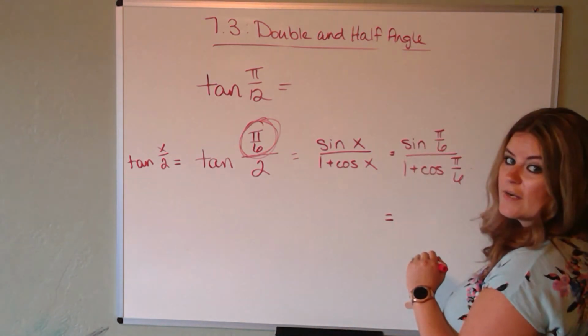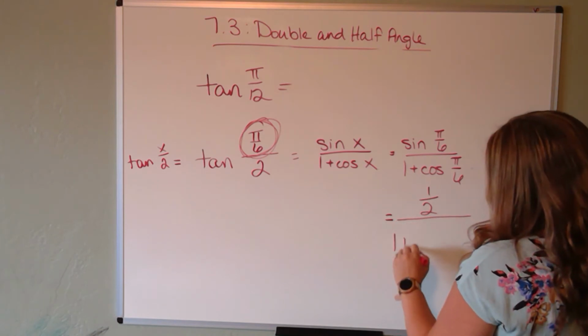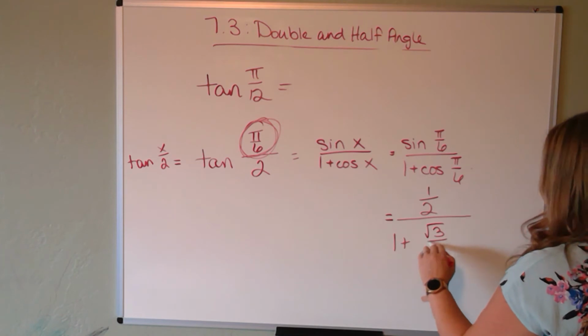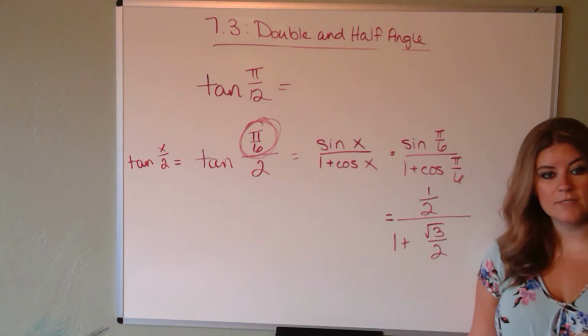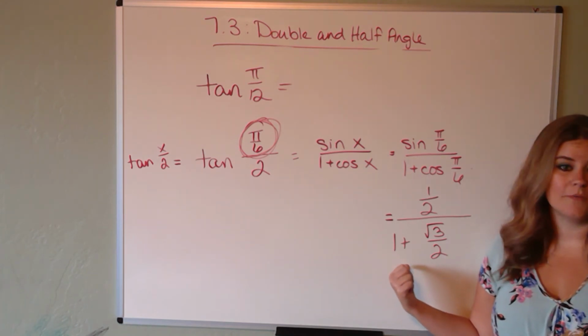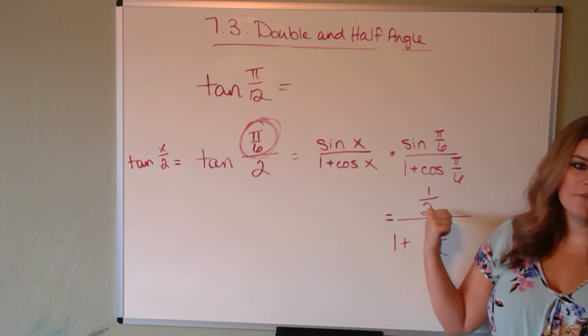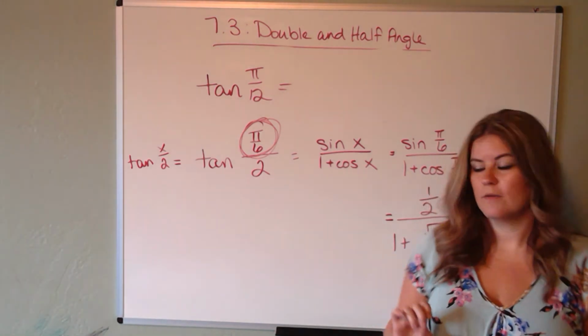Okay, so what is the sine of pi over 6? Well, it's 1/2. 1 plus, what's the cosine of pi over 6? Well, that's root 3 over 2. So easy values to find. I've got to work with this, though. I've got a root and a fraction in the denominator, and a fraction in the numerator. Please be careful here.